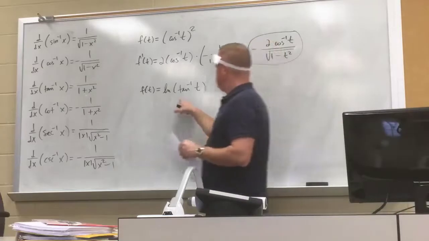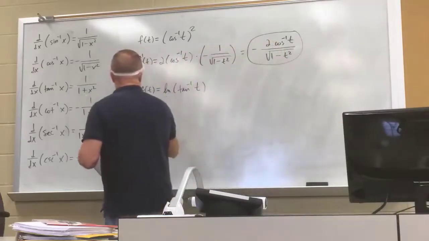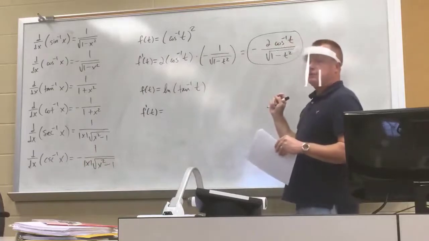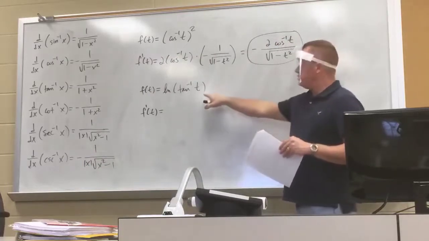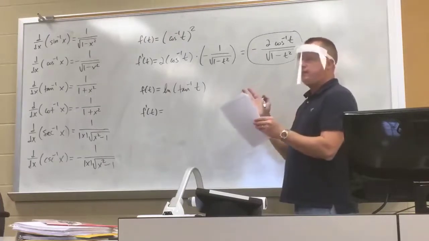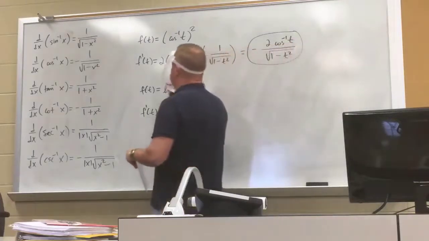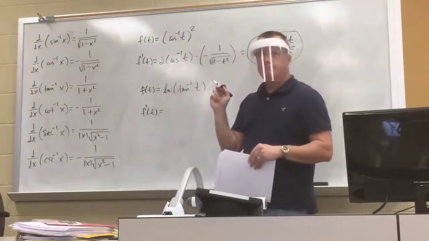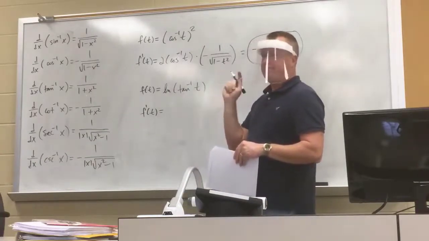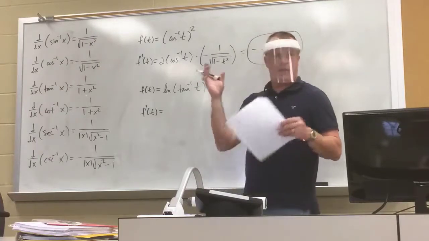This one, what is the outside function on this one? ln. Inside is inverse tangent. So what is the derivative of the ln? Remember that one. 1 over x, correct?